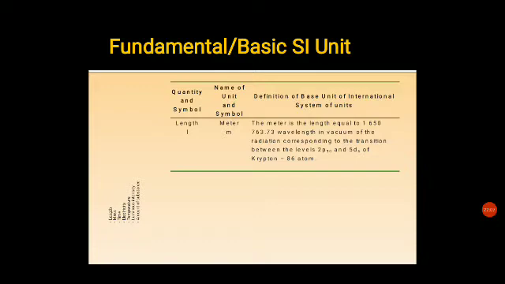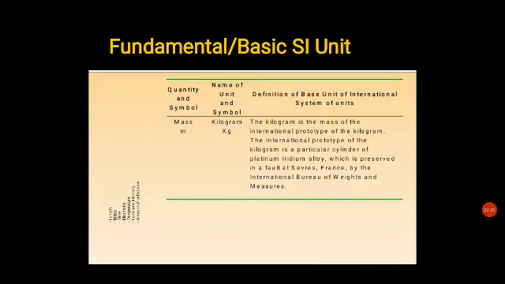Krypton 86 releases radiation, and they measure that, and you have there the definition of 1 meter, which is equivalent to 1,650,763.73 wavelengths. Next we have mass. The base unit is the kilogram. This is based on the platinum iridium alloy cylinder, which is preserved.